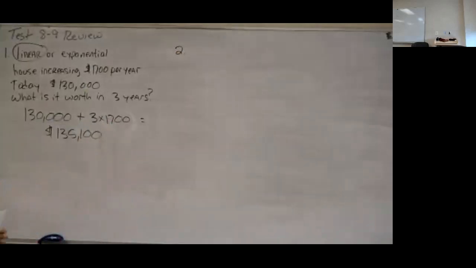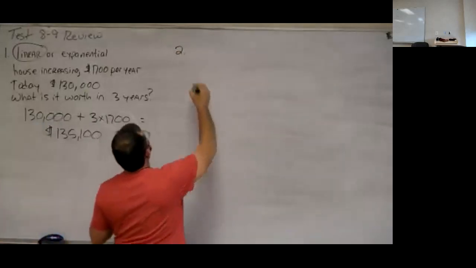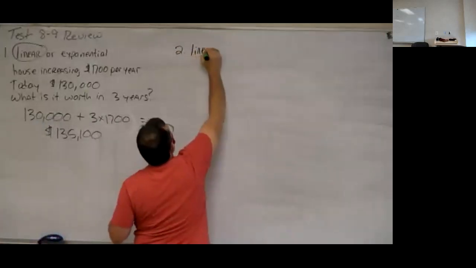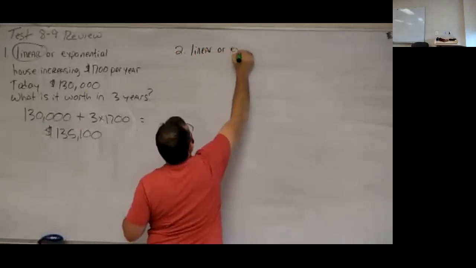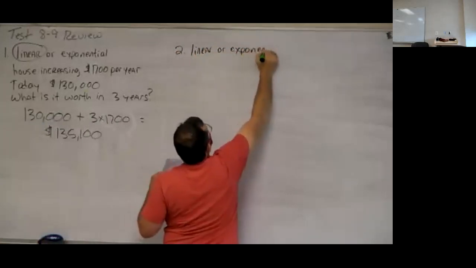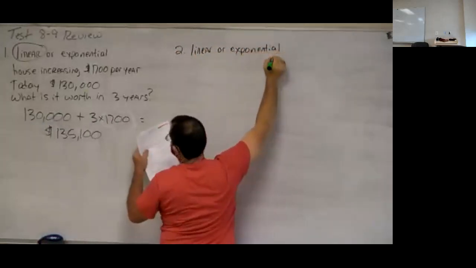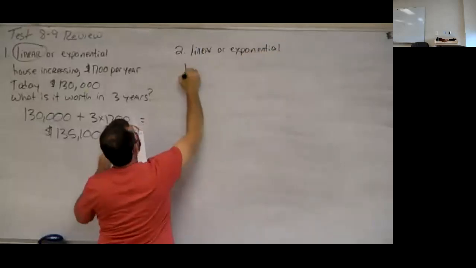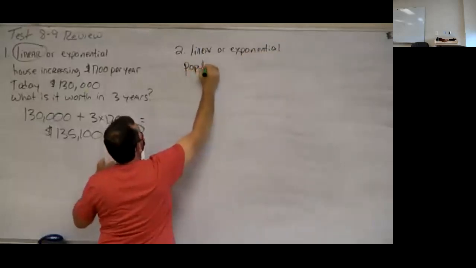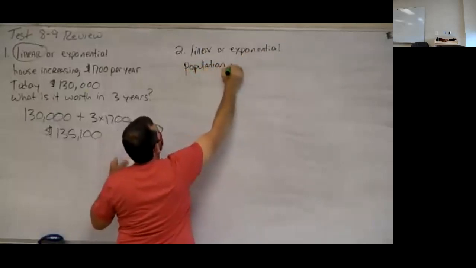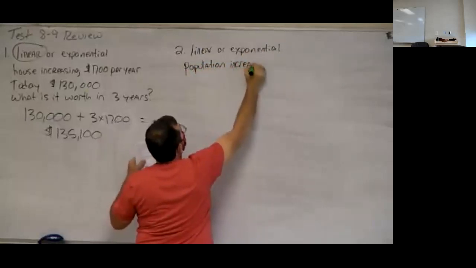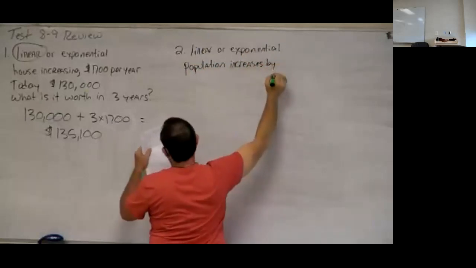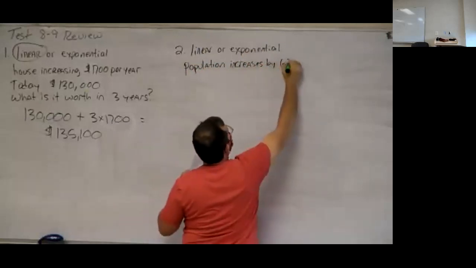All right, same type of question, linear or exponential. This one is the population increases by 622 people a year.